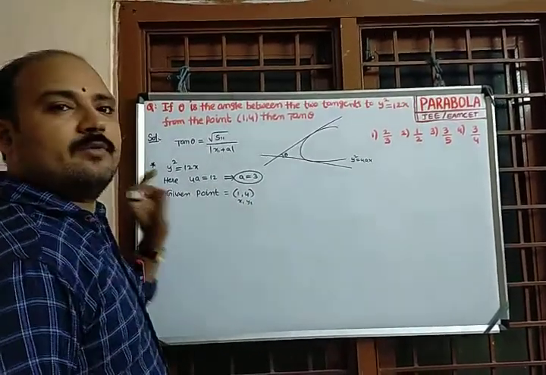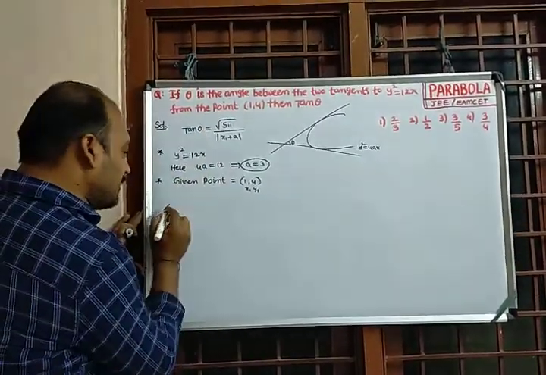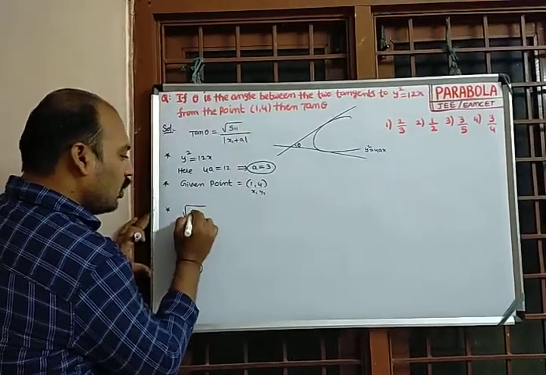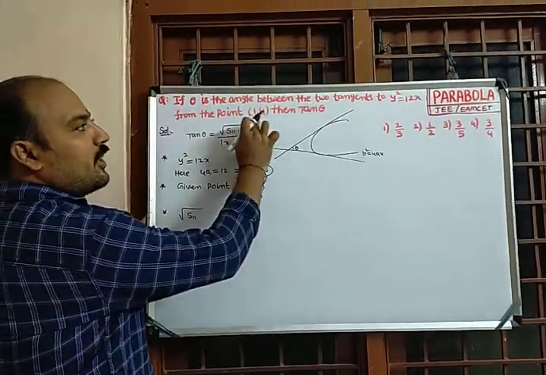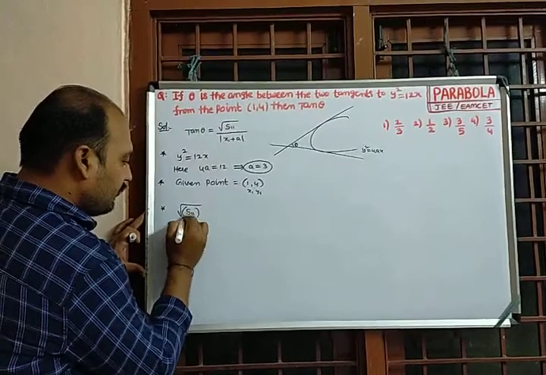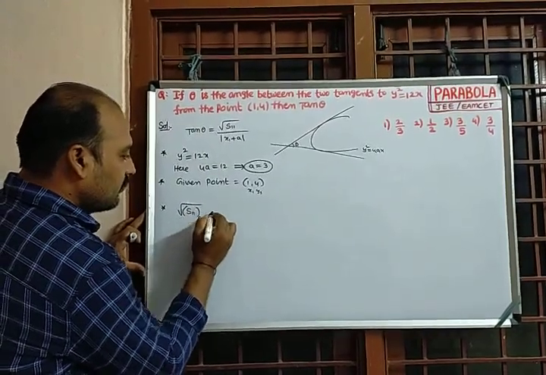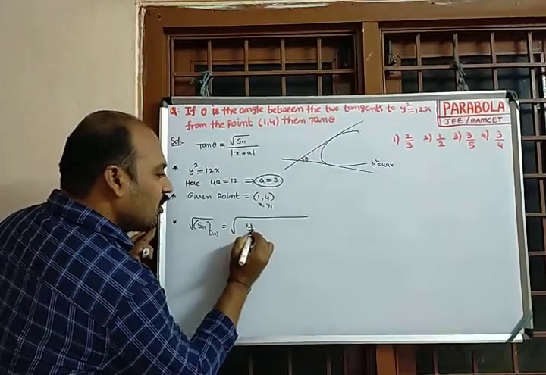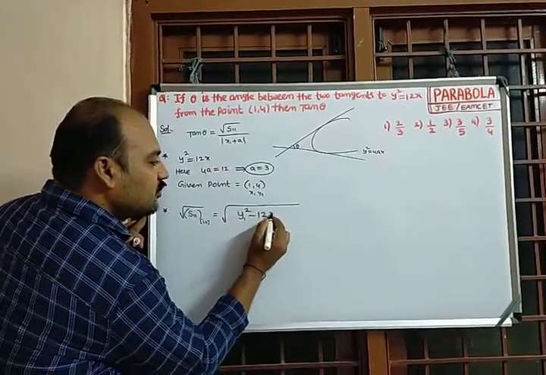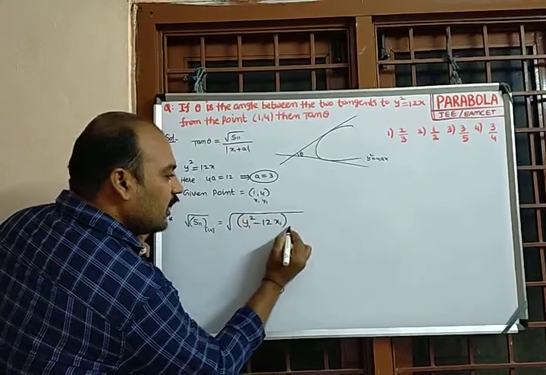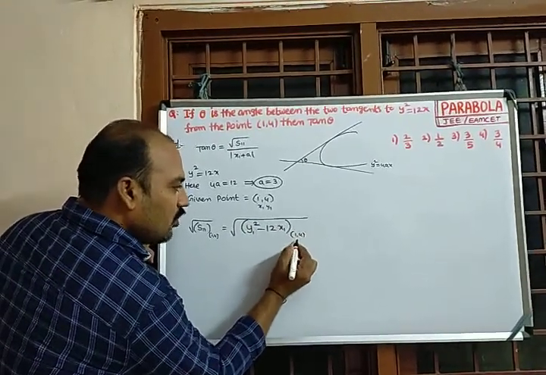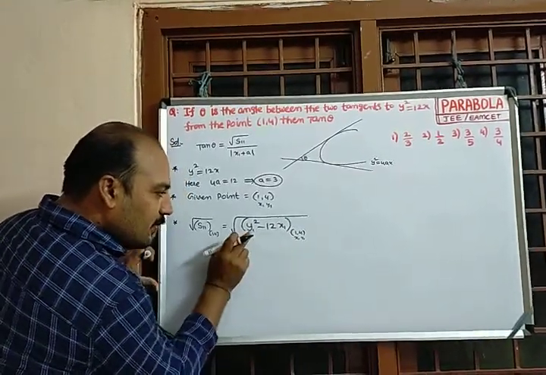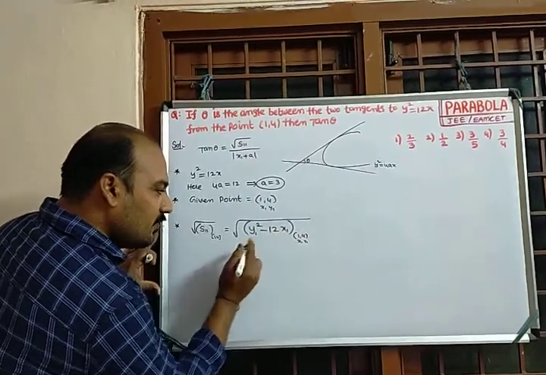Then root S11 for the parabola is y1 square minus 12x1, calculated at 1, 4. In place of y1, 4, and in place of x1, 1.